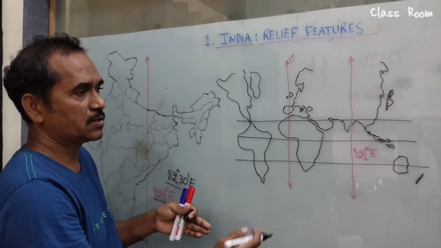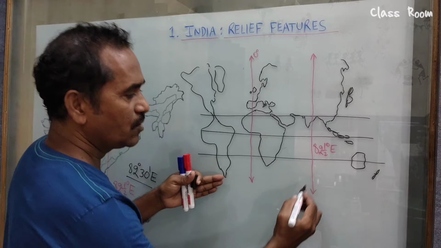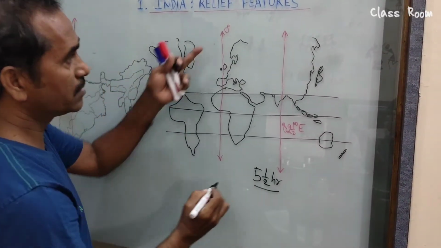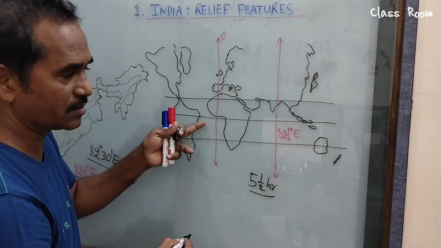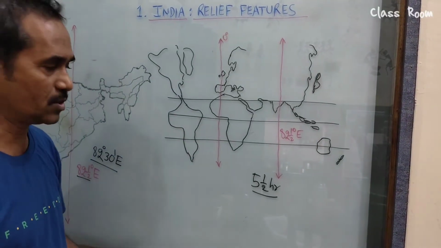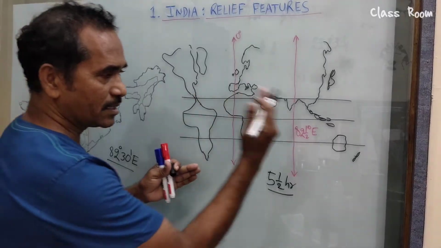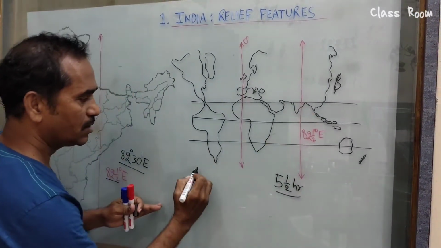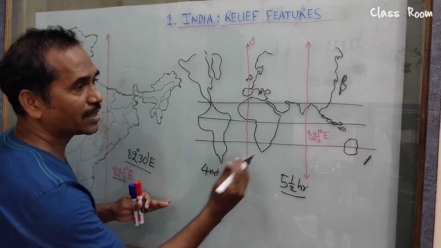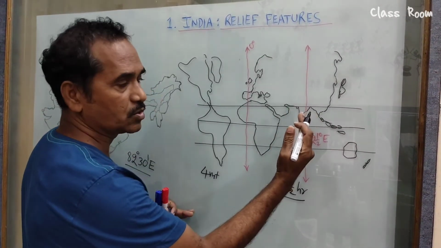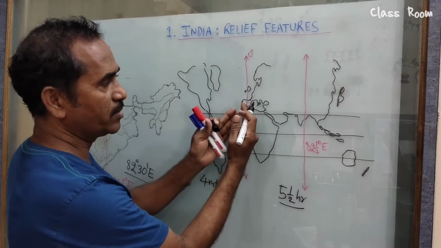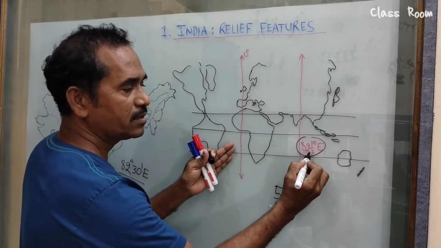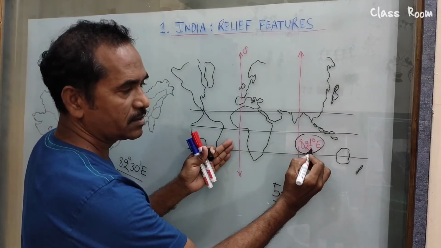Indian Standard Time is 5.5 hours ahead of Greenwich Meridian, that is London. Now how can you say? Let's prove it. Sun takes 4 minutes to cross each longitude. From here it is 82.5 degrees, so from here to here we have 82.5 degree longitudes.